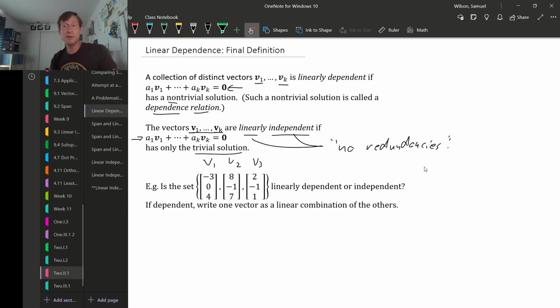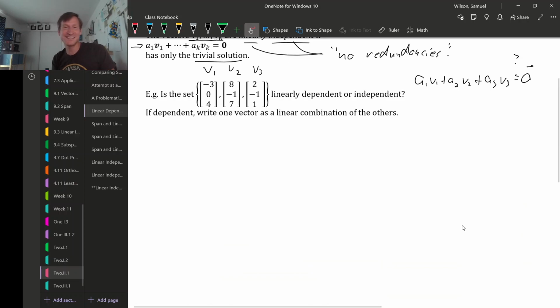What we need to know about is solutions to this equation: a1 v1 plus a2 v2 plus a3 v3 equals the zero vector. Are there any solutions? Well, we can just check. This is a homogeneous system of equations, so let's solve it like one.